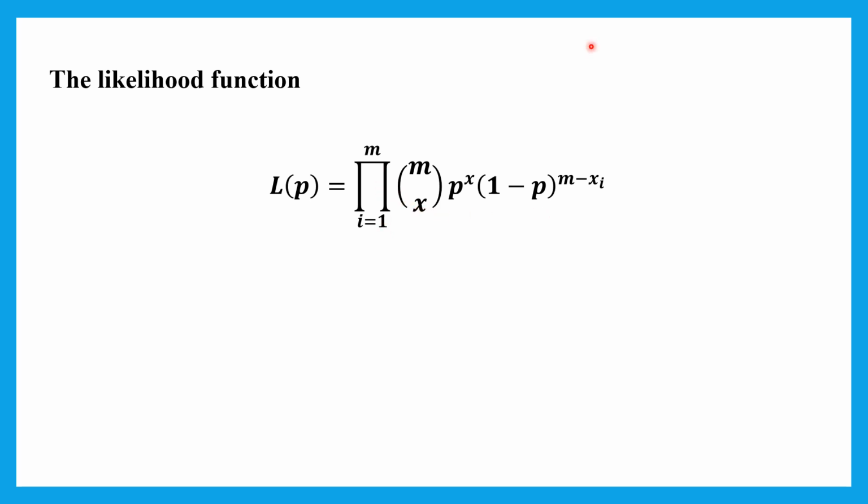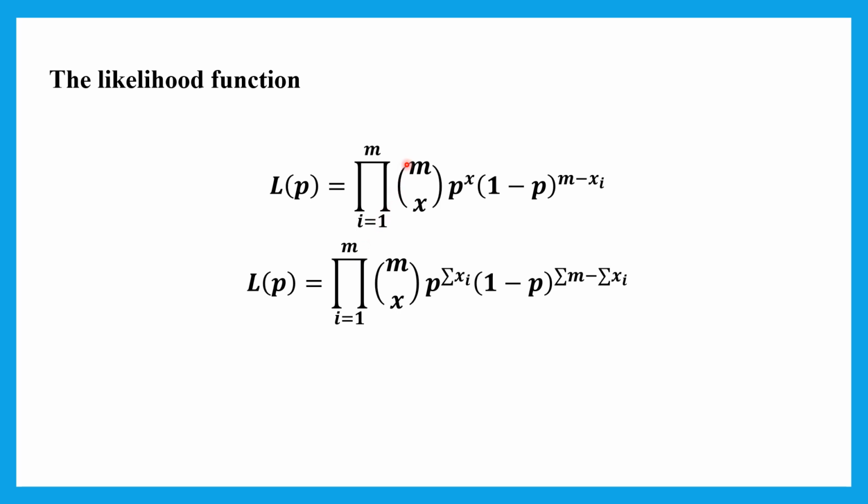This is the probability mass function of the binomial, m combination x, p power x, 1 minus p raised to the power m minus x. Here m combination x is independent of the parameter p, so we will keep it as it is with the pi. Here p power x is on the power.